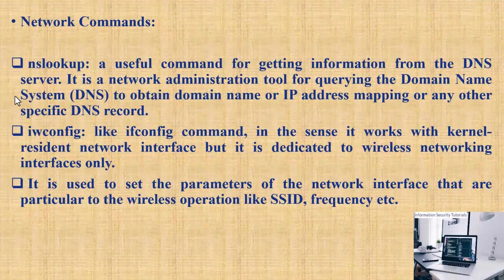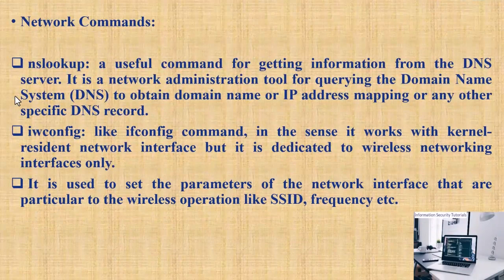Then we will talk about iwconfig, which is similar to the ifconfig command, working with the kernel-resident network interfaces, but it is dedicated only to wireless network interfaces. We may have many interfaces, and one of them may be the wireless card.